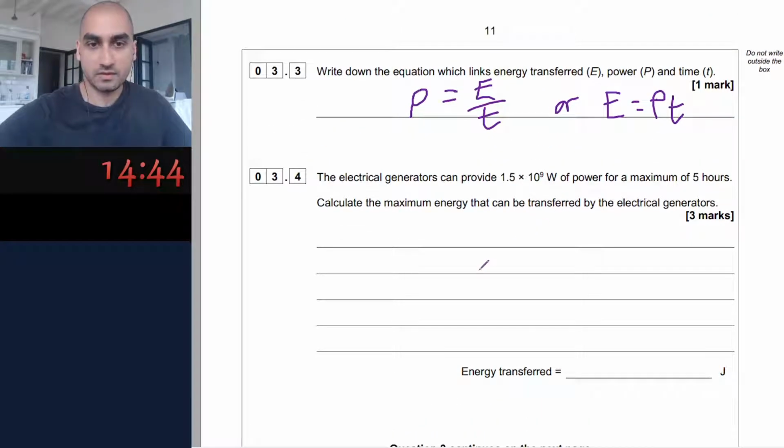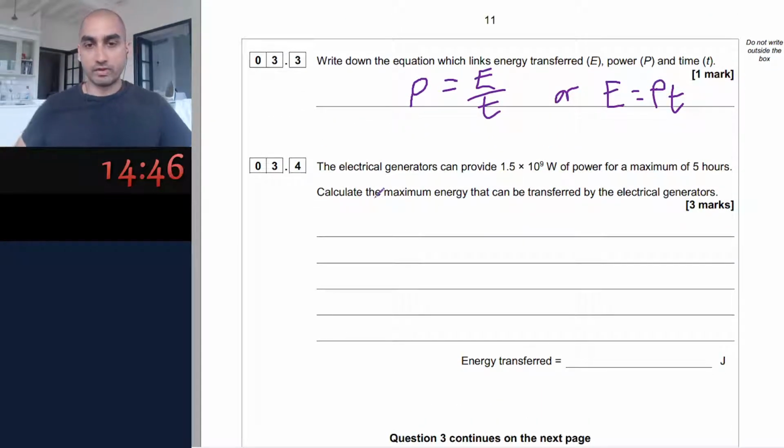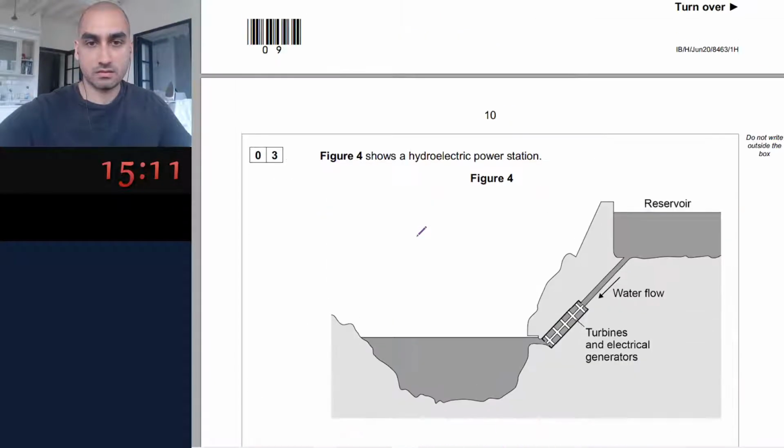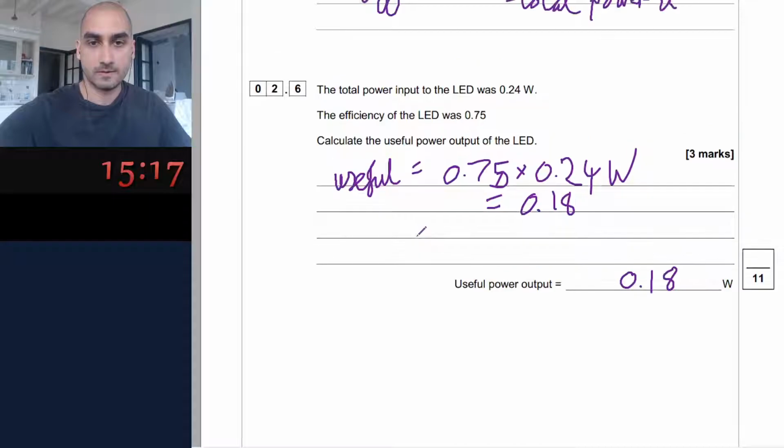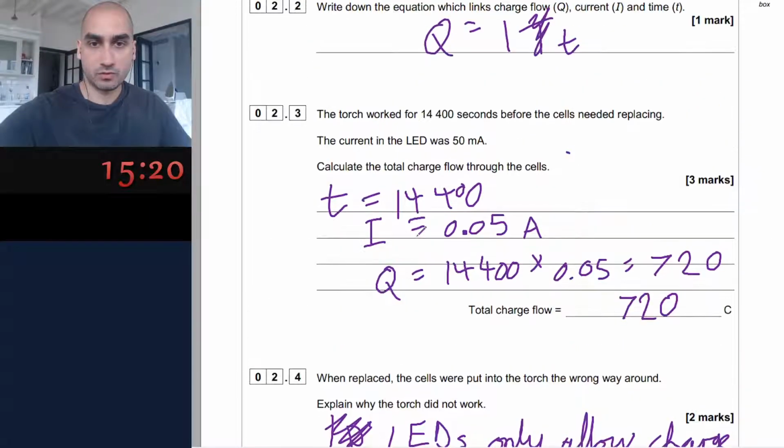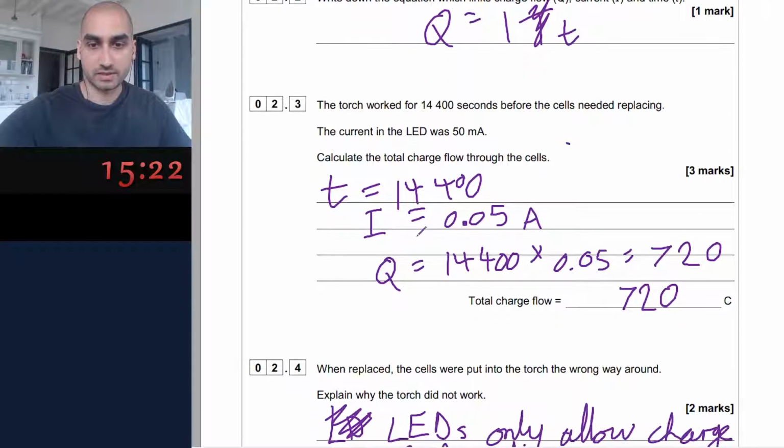All right. The electrical generators can provide 1.5 gigawatts of power. All right, this reminds me, have we always been converting to standard units? So we've got kilograms, meters, that's fine. We've got watts, amps, so I converted to amps, that's correct.